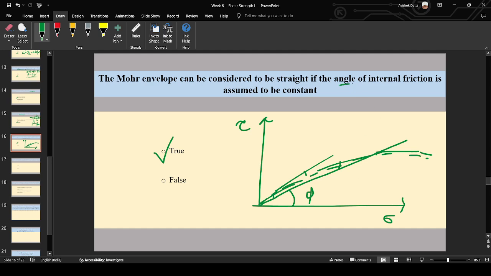So when the angle of internal friction is constant, then the Mohr envelope is essentially a straight line like this. And if it varies, then at the point where the tangent is drawn, we can join all the points and draw the Mohr envelope, which is generally not seen in homogeneous soils or sand soils. Okay, but in sand soil, in simplified condition, the Mohr envelope is a straight line with constant angle of internal friction.